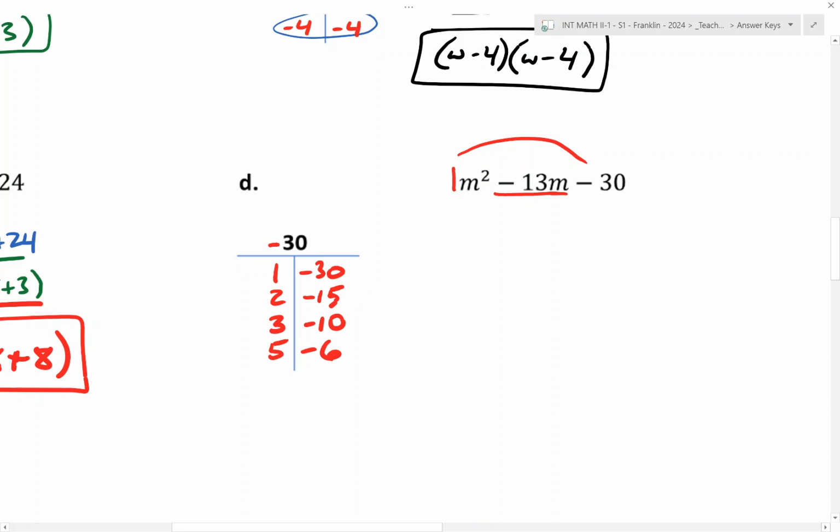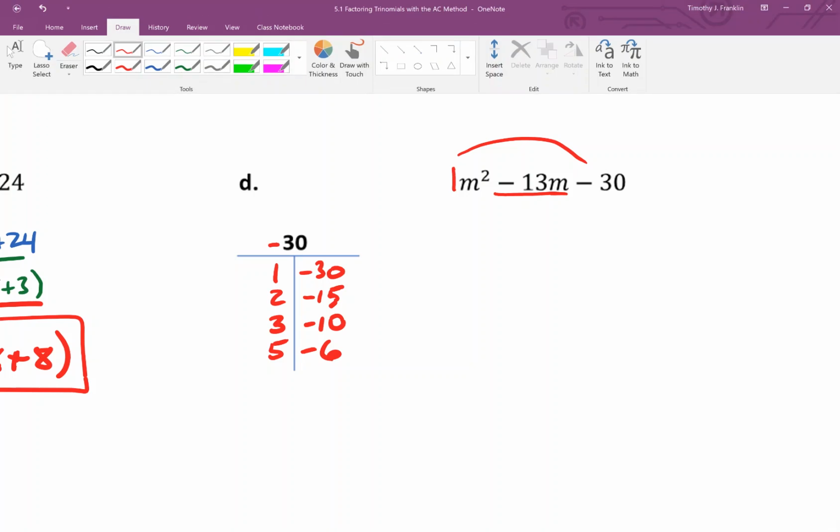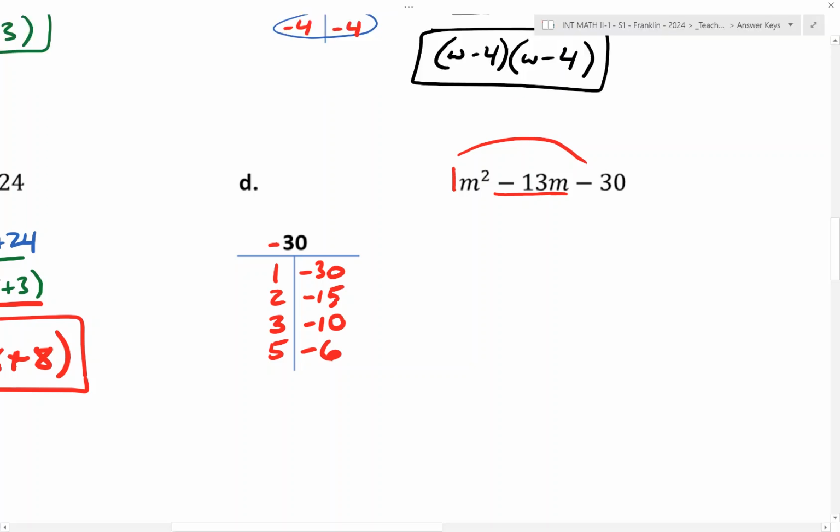And the reason the bigger number needs to be negative here is because the sum is negative, and in order to have a sum with a positive and a negative, the bigger number needs to be negative. 1 plus negative 30 is negative 29. 2 plus negative 15, that's negative 13. That's what we want right there. The other ones don't work. So now we can split this term, m squared plus 2m minus 15m minus 30.